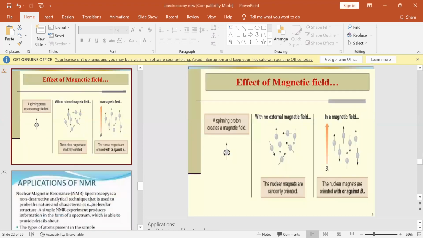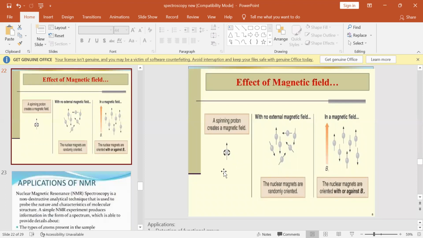Next comes the principle involved in NMR spectroscopy. First, we will take one proton. In general, a proton acts as a tiny magnet. It also has spin. First, we will check whether the proton we are taking for NMR spectroscopy has spin or not.